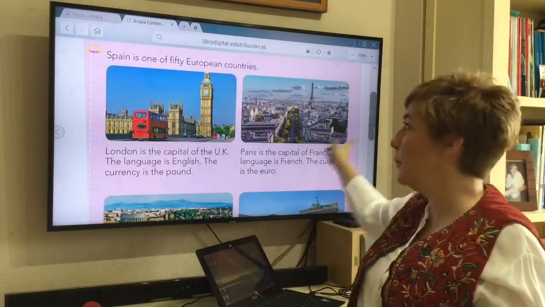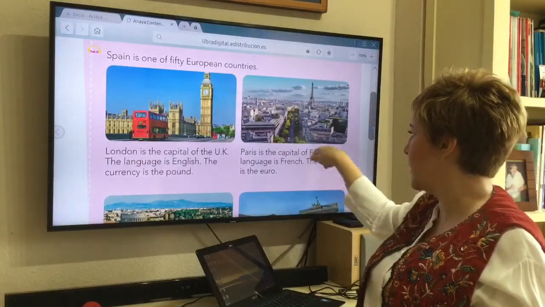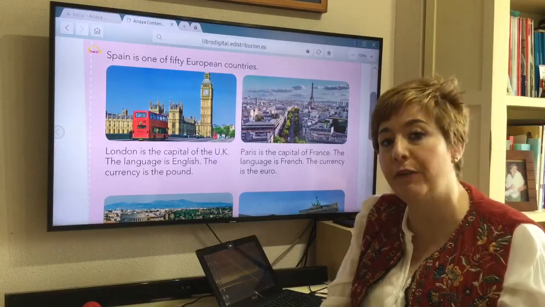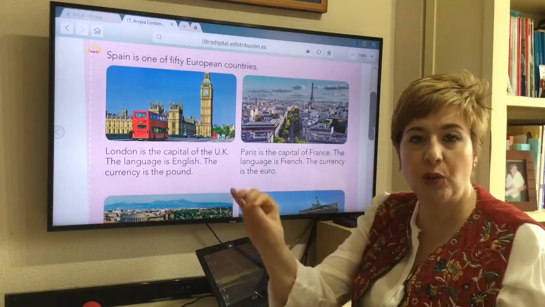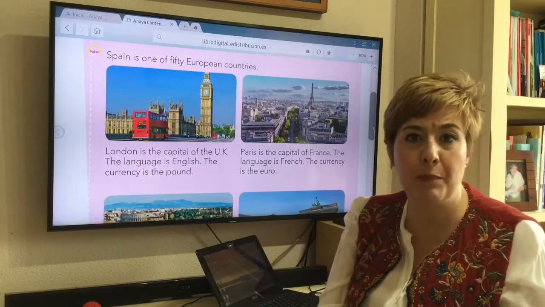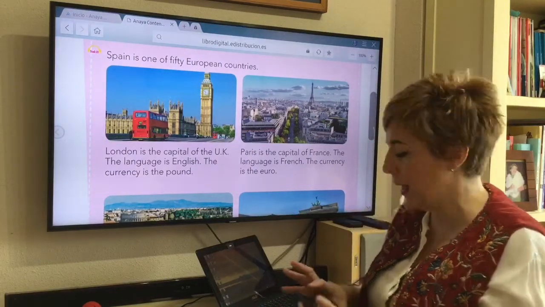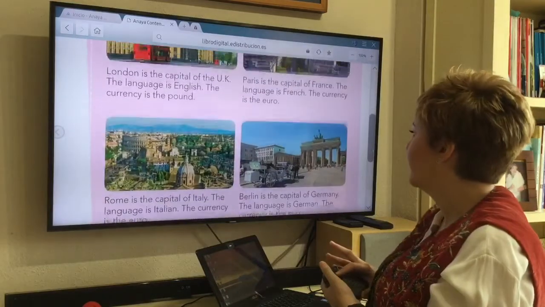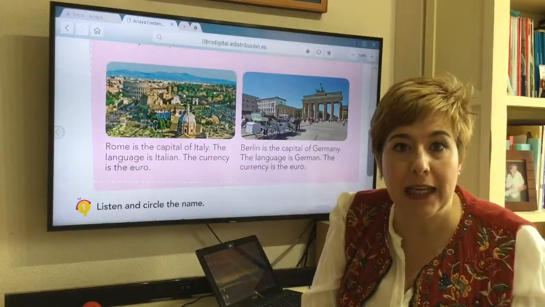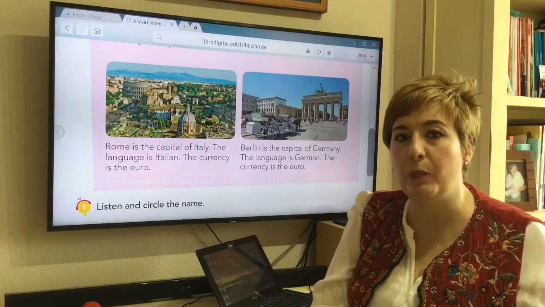Paris is the capital of France. They speak, or the language is French. And the currency or the money that they use is the euro. The capital of Italy is Rome.